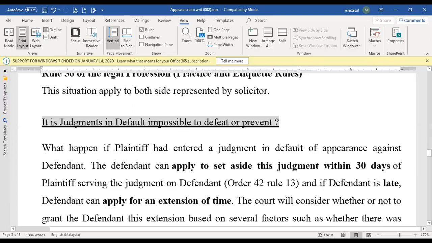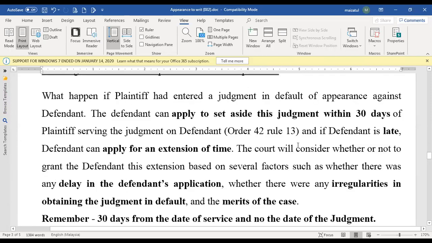Which means 30 days from the day of service of the judgment on the defendant, not the judgment date. For example, if the judgment is dated 1st April, but the judgment is only served on the defendant on 12th May, it is 30 days from 12th May. It's not the judgment date.